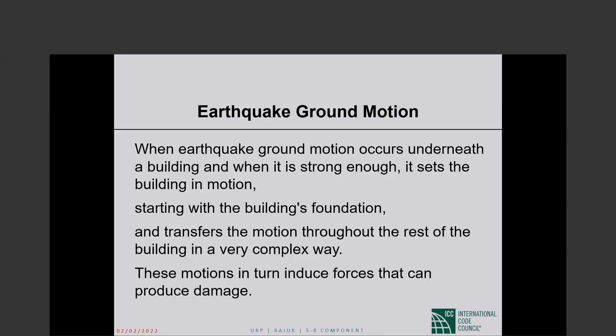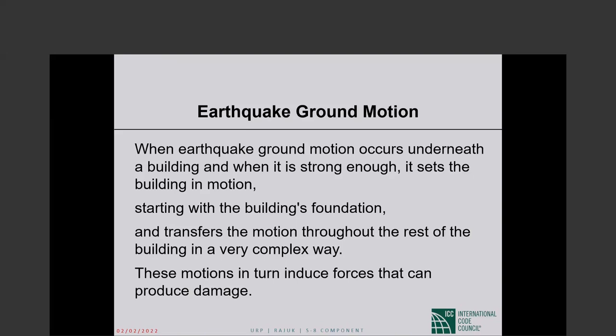It starts moving every which way at the same time. And because of inertia, the rest of the building cannot immediately follow the movement of the foundation. So the building stays behind and tries to catch up with the movement of the foundation. That sets the building in motion, which can be quite complex. These motions in turn induce forces that can produce damage.